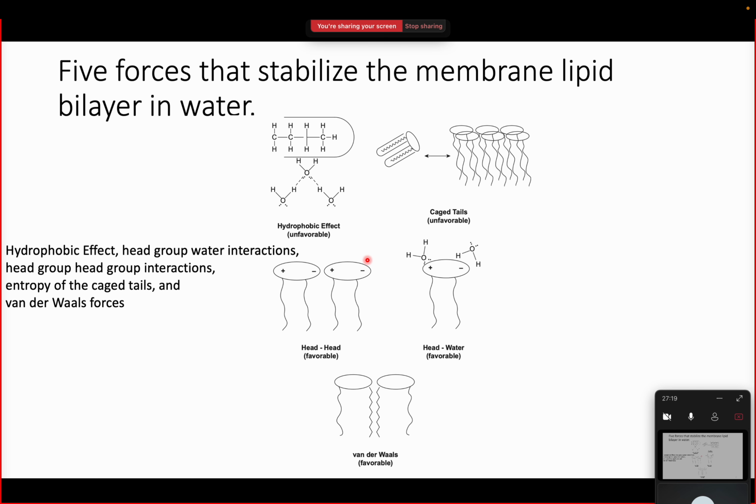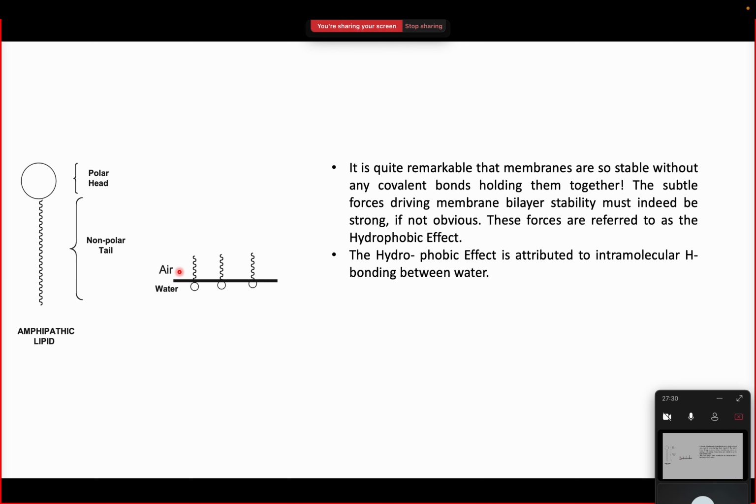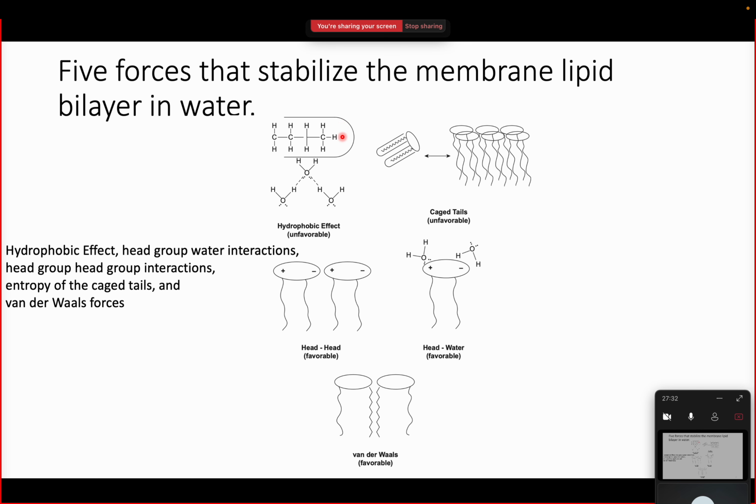Okay, the last interaction is the van der Waals interaction. Again, it is the hydrophobic effect, right? So we can say the acyl chains, they are hydrocarbons at the end of the day, right? This is a very simple representation of a hydrocarbon chain which is present in an amphipathic molecule. So these will try to stay together, and hence again they will try to orient themselves in such a way that all the tails are facing the same side with each other.